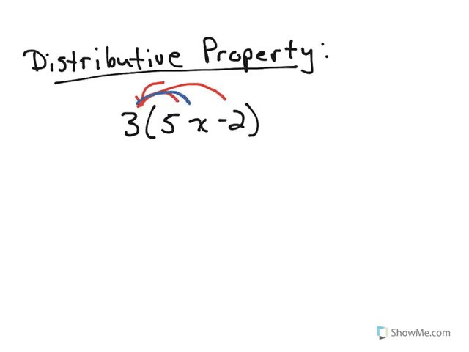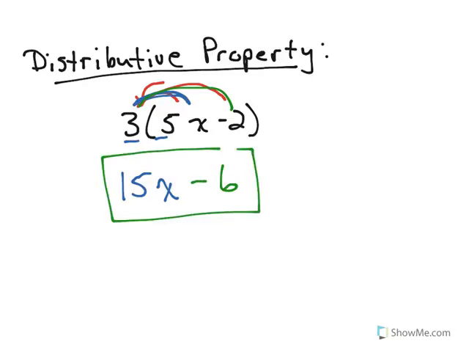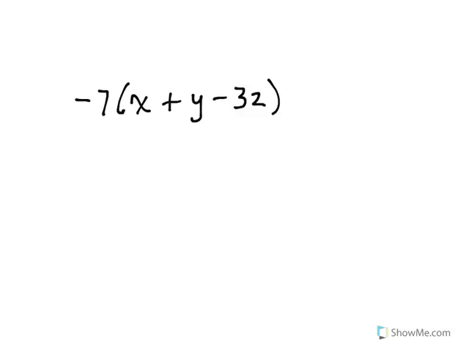So 3 times 5x is 15x. We multiply the whole constant times the coefficient and attach the x. And 3 times negative 2 is negative 6. Final answer, 15x minus 6. They are not like terms. We cannot combine them.